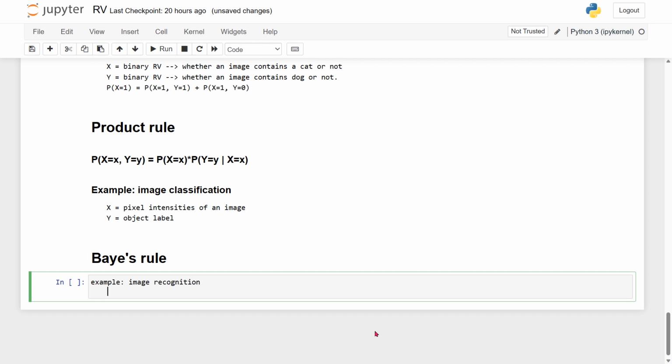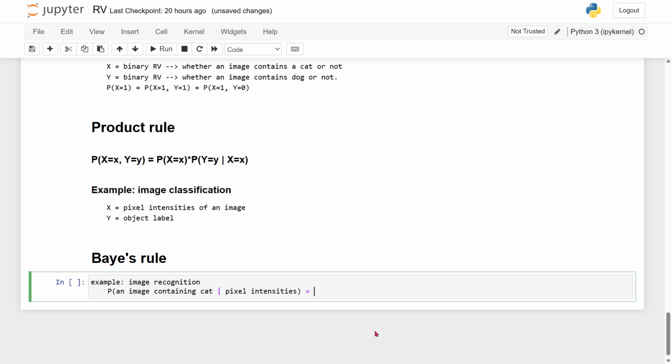Bayes rule can be used to compute the probability of an image containing a cat given the pixel intensities, and the rest of the formula can be applied.